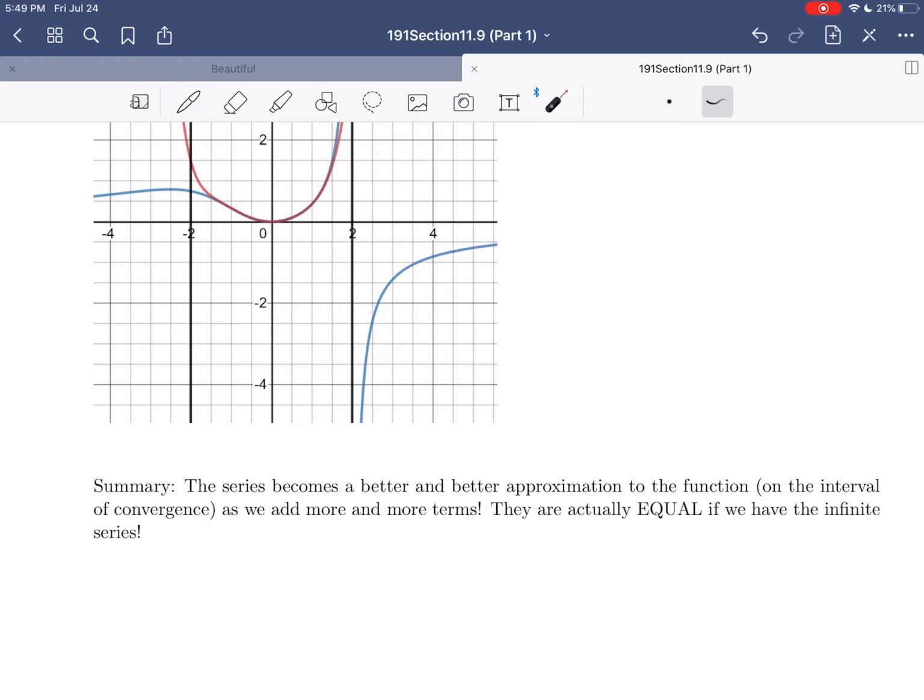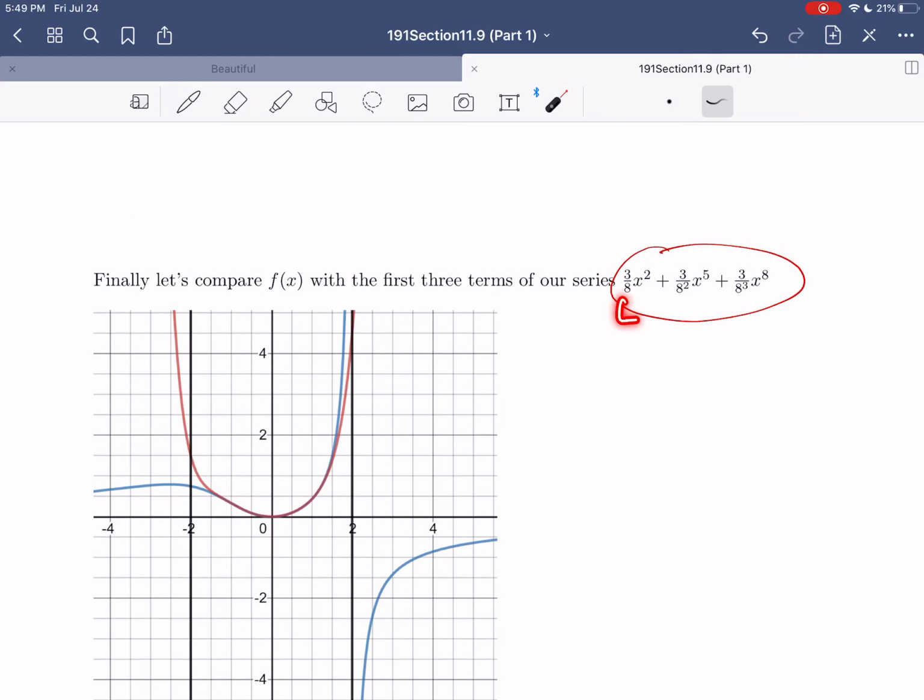So the big idea here is that we're coming up with this infinite polynomial that approximates our function perfectly on the actual radius of convergence. Now, of course, if we cut that polynomial off and we only look at a handful of terms, it's only an approximation. But as you can see, even with just the first few terms, it's a pretty good approximation.